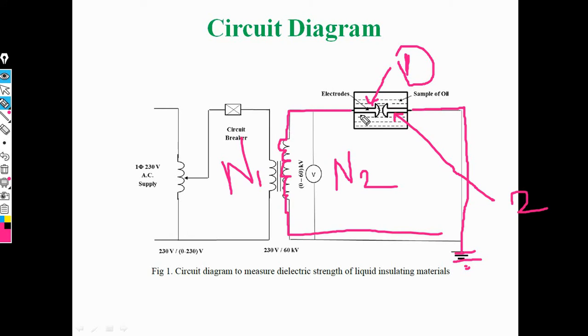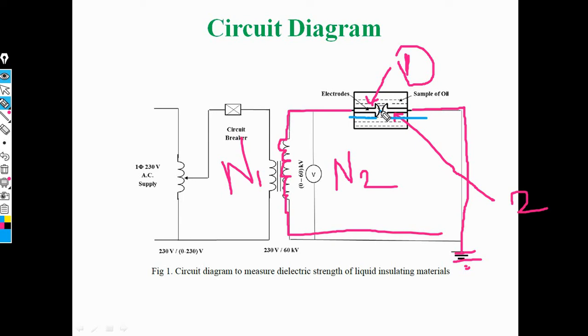What is the meaning of spark? That is, current flowing from this electrode to this electrode. A small amount of electrical spark is generated between the two electrodes, that is, a small amount of current flows from one electrode to the other.